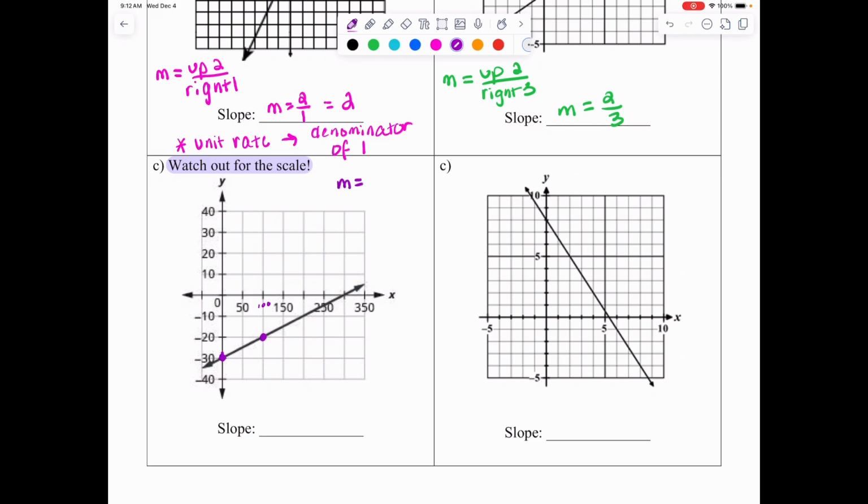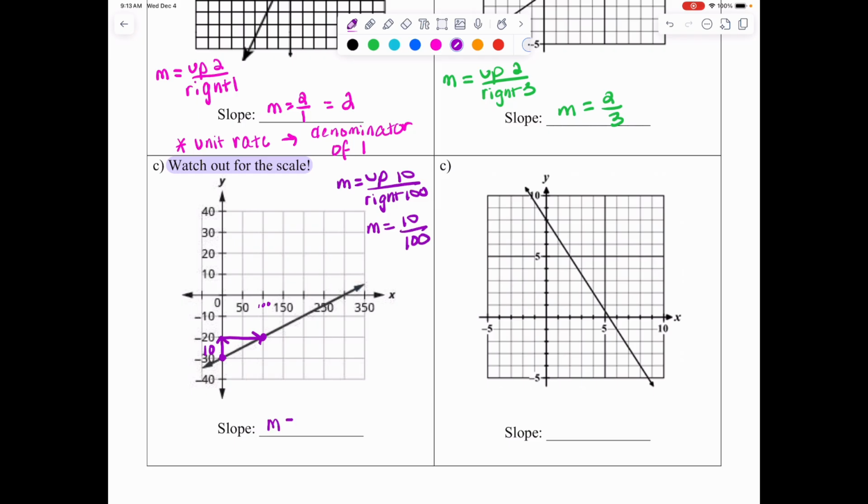So I'd have to go up 1 block, but my 1 block is worth 10. So that would be up 10. I then have to go to the right 2 blocks. When I look at what the 2 blocks are worth, each block is 50, so that would be 100. Okay? So if I go up 10 and right 100, that means I have a slope of 10 over 100, positive 10 and positive 100.